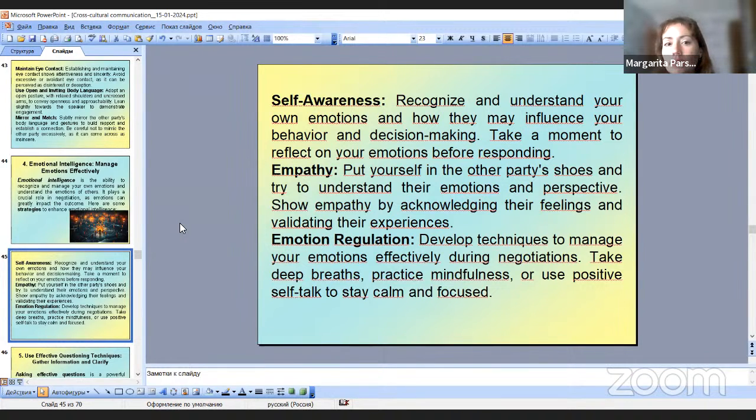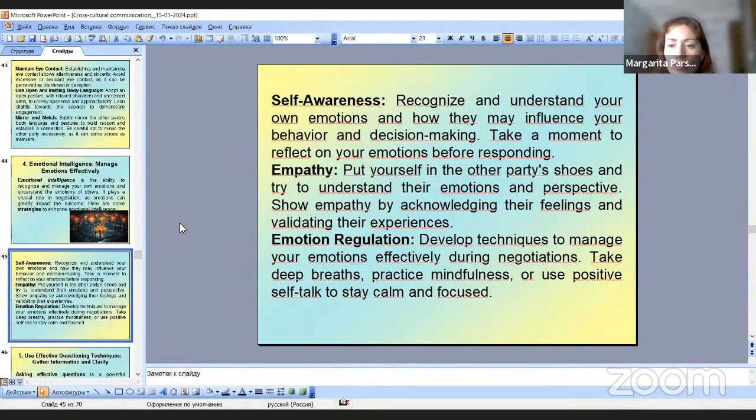When you're leading business communication, take a moment to reflect on your emotions before responding, and give the other person time to reflect and respond to your emotions, to his emotions, and to the words.